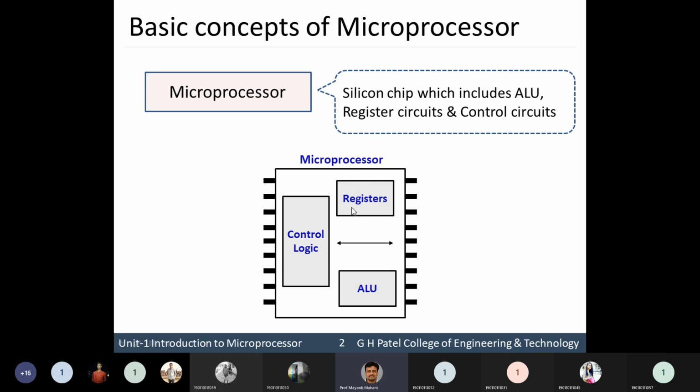So we need to get the data into a register, then we can process it with the help of the ALU, and then store that data back into the memory location. This is the process that a microprocessor does. But it cannot do these processes without any kind of control logic. So there is another system within it which controls all the things.